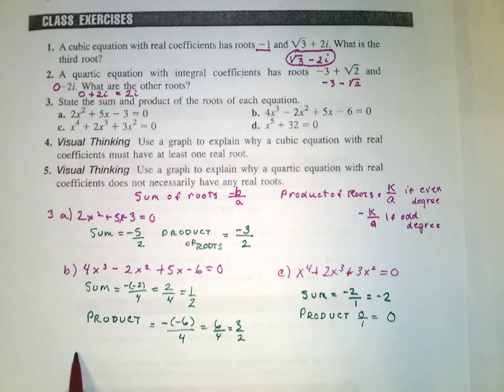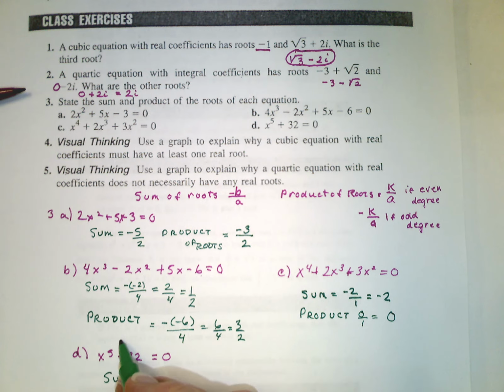And finally for D, well, this is pretty short. So the sum is going to equal the opposite of the second term coefficient divided by the leading coefficient. Well, the second term in here ought to be 0x to the 4th. So that would be 0 over 1, which is just 0.